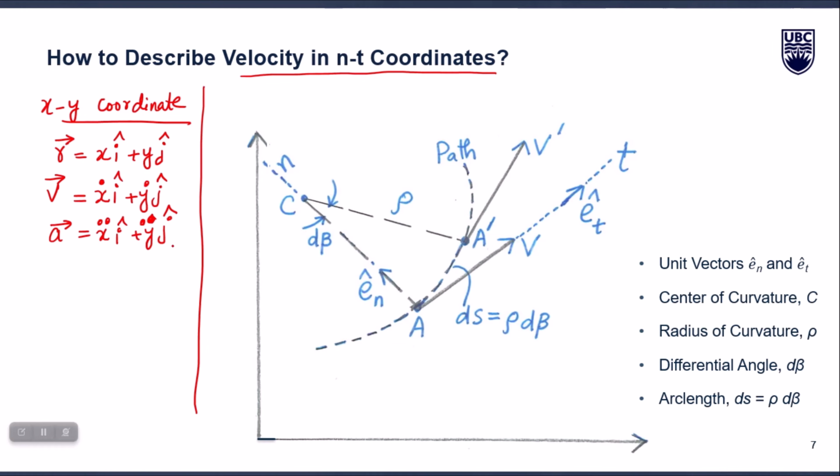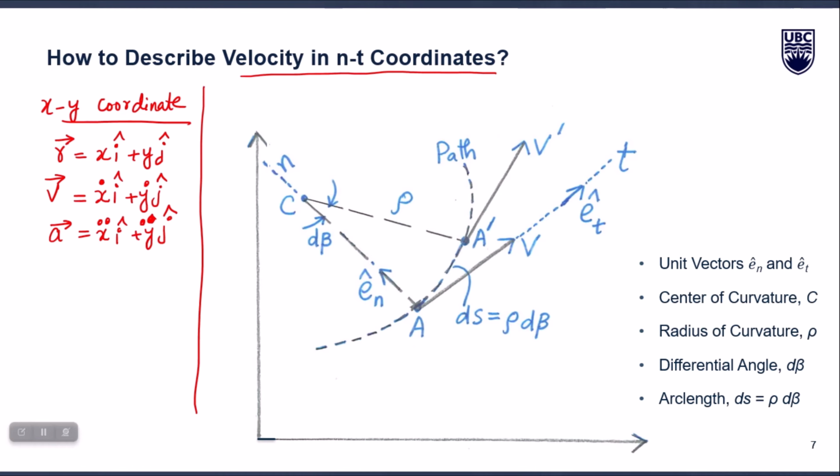So we already saw how to describe velocity and acceleration in the xy coordinate system. We can do the same thing now in the n-t coordinate system also. We want to determine what is the t component of velocity and what is the n component of velocity, so that we can write the velocity vector as a sum of its t component and n component.